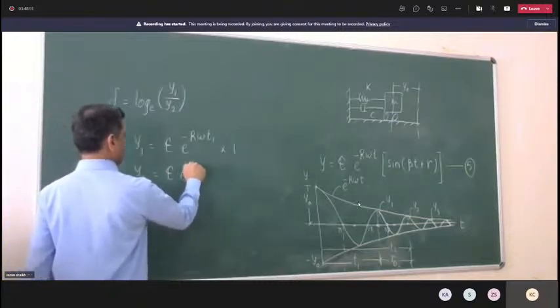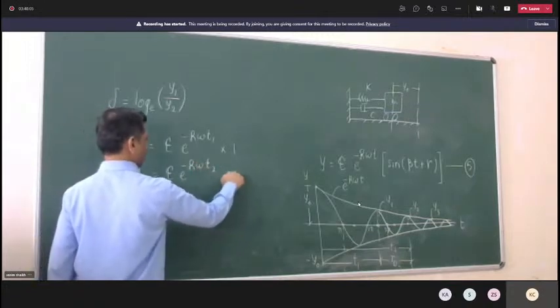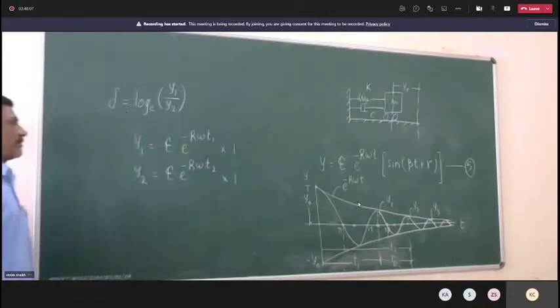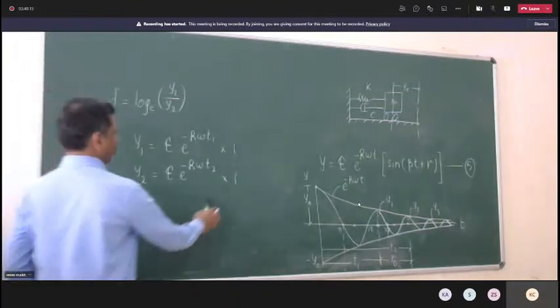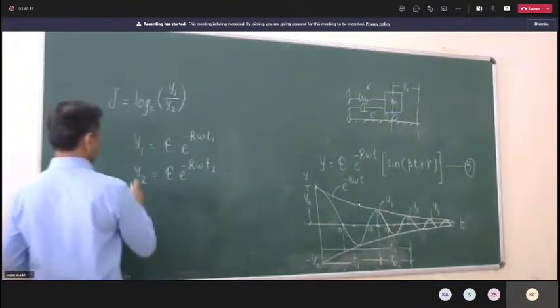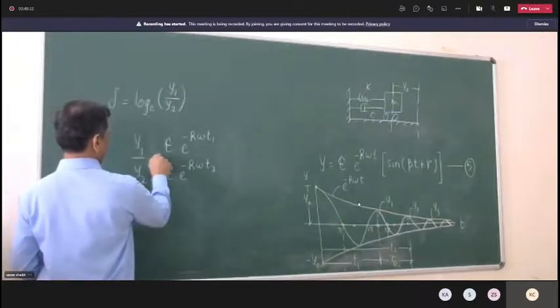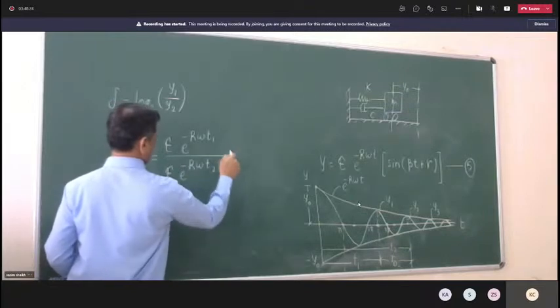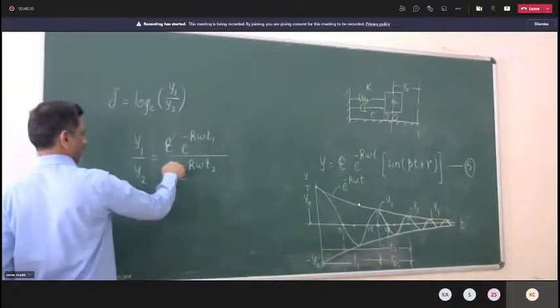E raised to minus r omega t2 into 1. If I take y1 upon y2, you can do it on the next line. Y1 upon y2 is this upon this, you will get x.